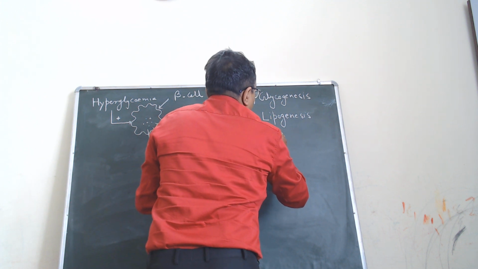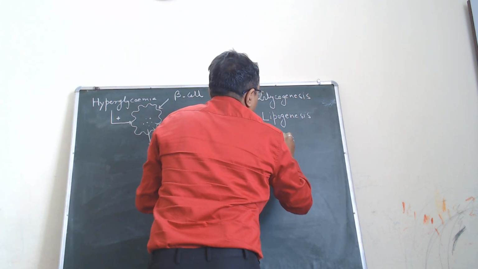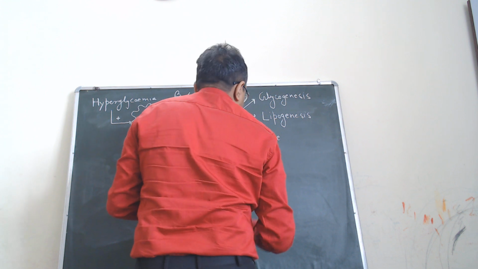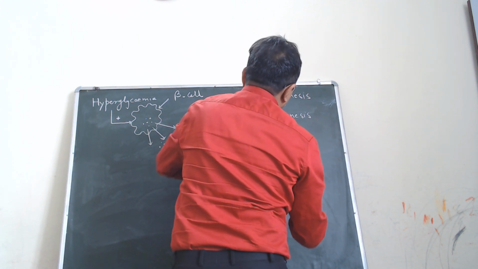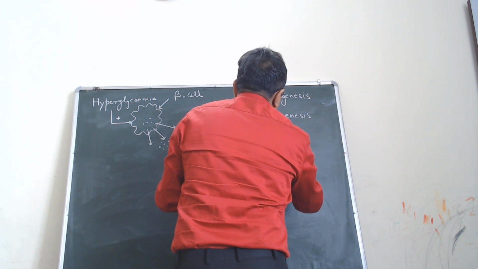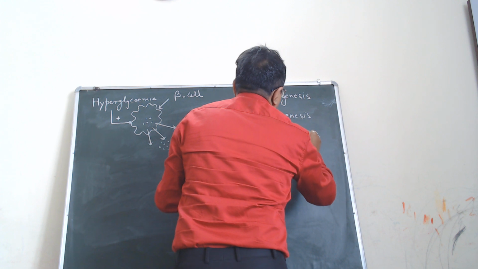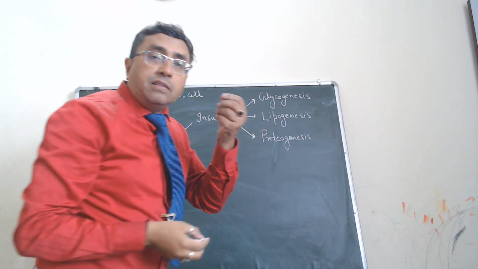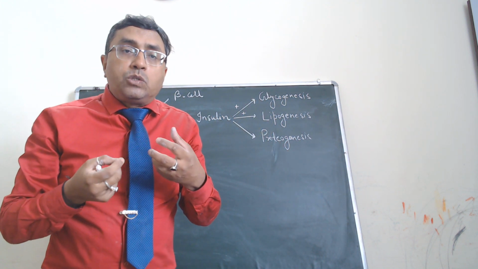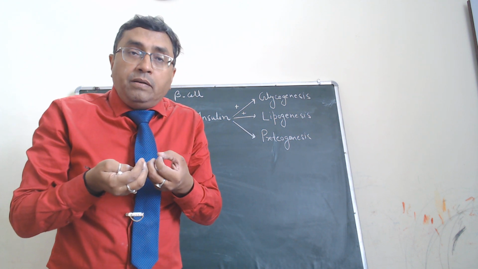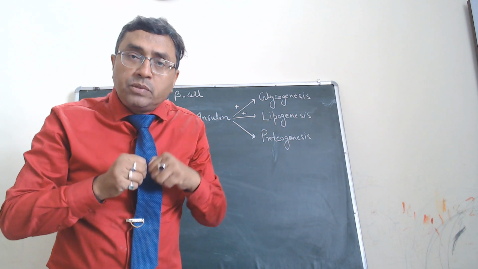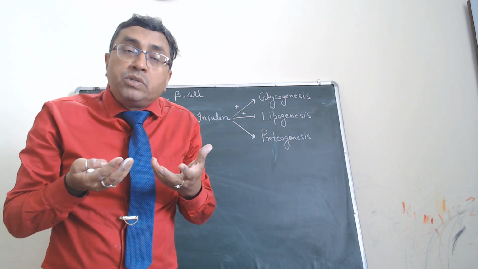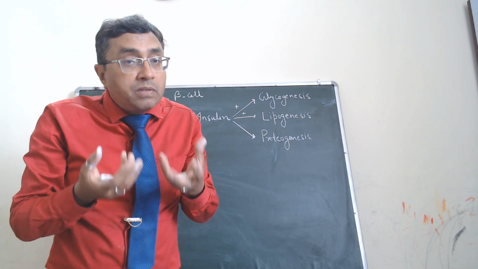Now the next one, proteogenesis. This means synthesis of protein. Insulin is involved in the incorporation of amino acids directly into the cell to start the proteogenic event, that means protein synthetic event.